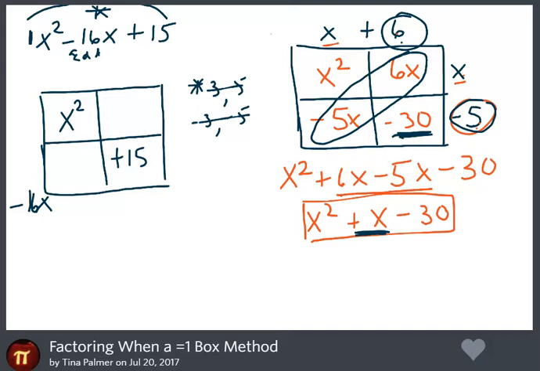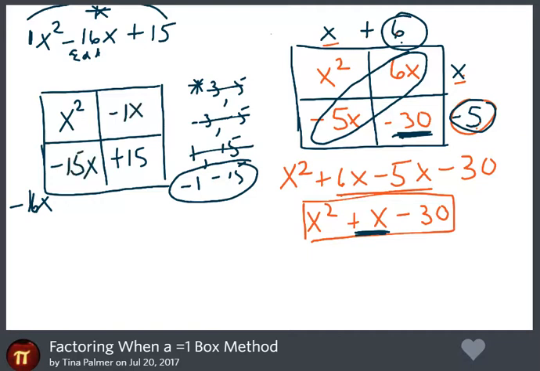Well, it looks like 1 and 15, or negative 1 times negative 15, multiply to be 15 as well. Which one do I want to add up to negative 16? I guess that's going to be that. I can cross that off. So now I know that this is going to be negative 1x, and this is negative 15x.